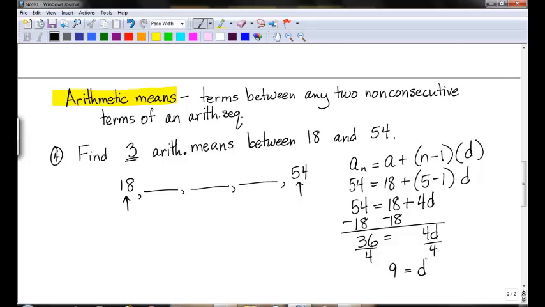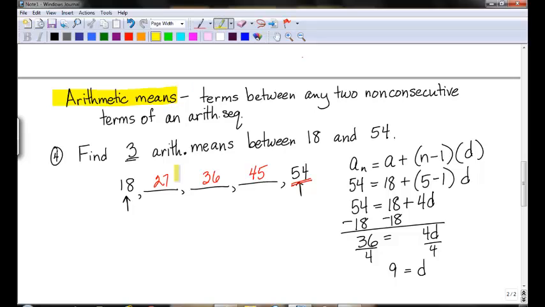So if we add 18 and 9, 27. 27 and 9, 36. 36 and 9, 45. And 45 and 9 gets you to 54. If you end up at that, you know you've got the right answer. If you don't, then you know something's wrong.